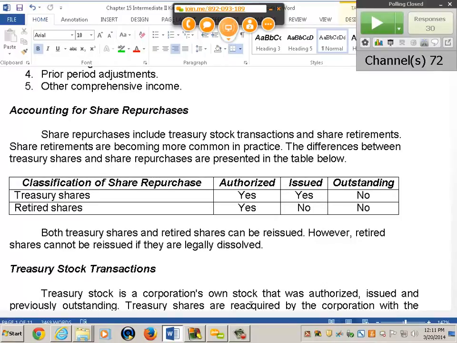So that's the difference. Now, just one other point, and we'll show you this in detail, is that the par value method and the retirement method are equivalent. There's a couple of differences.